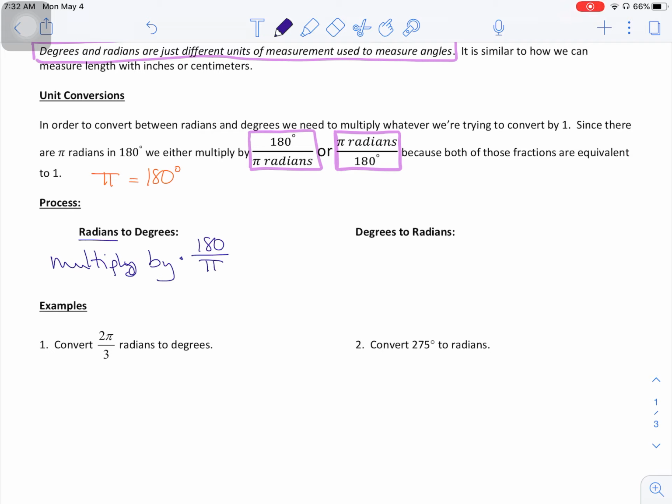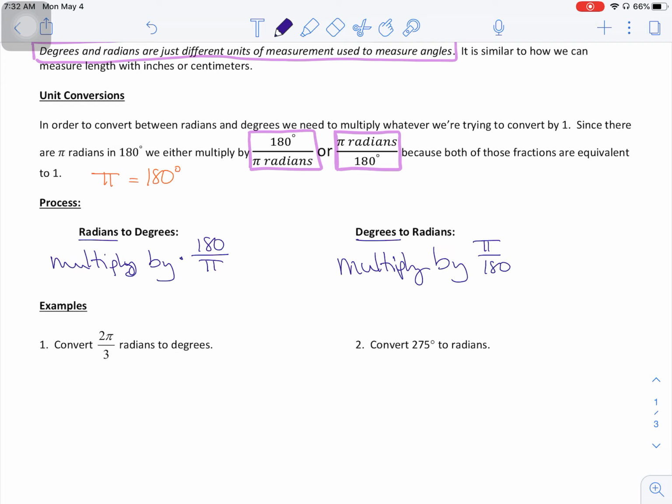If you have degrees and you are trying to convert to radians, you are going to multiply. Wow, I did not spell multiply correctly. I think I have like 2 U's in there. So let's try that again. Multiply by pi over 180.